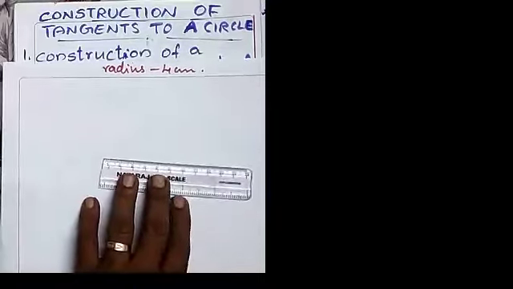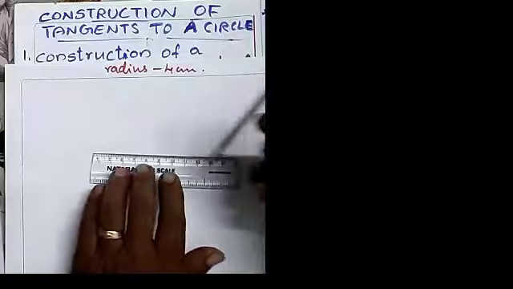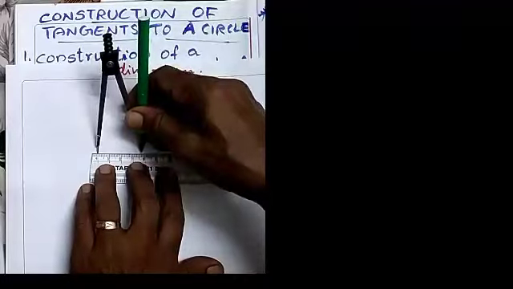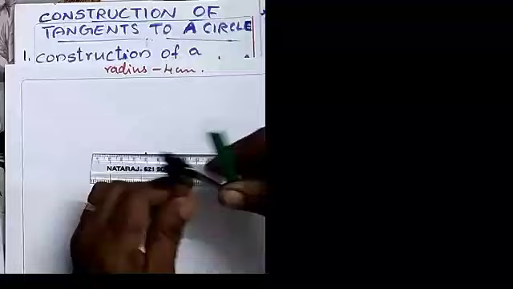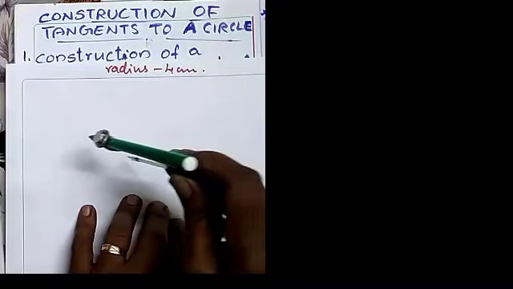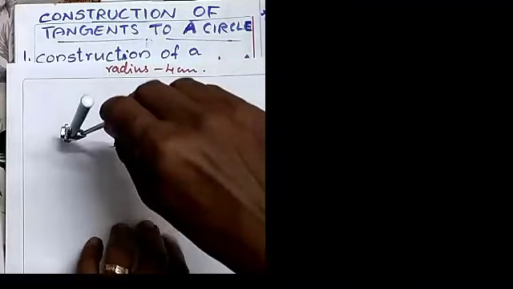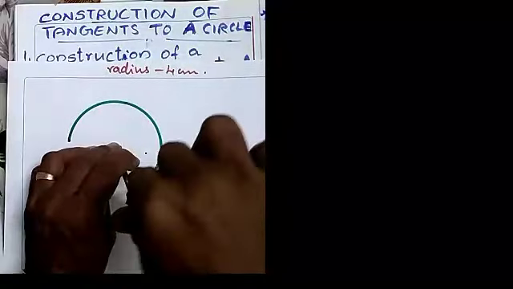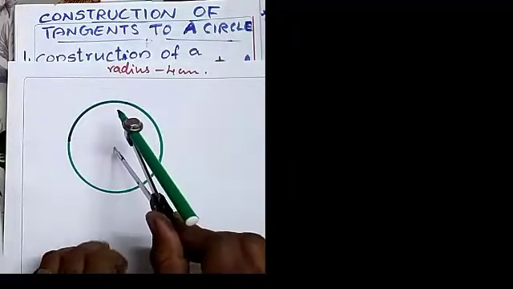So here we can select a compass, use a sharpened pencil, select the correct measure, 4 centimeter, and now we can draw the circle. Now you can see the circle. Okay, the circle is ready.